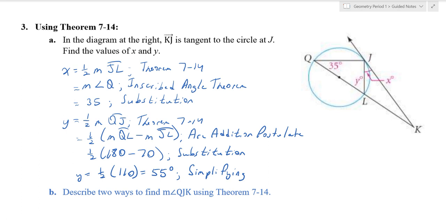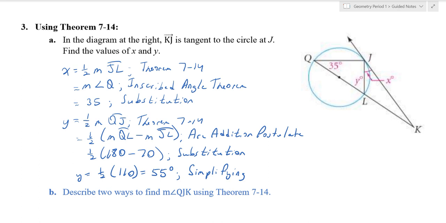All right, so we know that arc QL right here is a semicircle, so that's where we get the 180. And for JL, we got it from earlier in the problem when we were doing calculations for x.